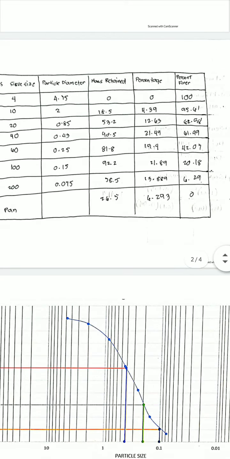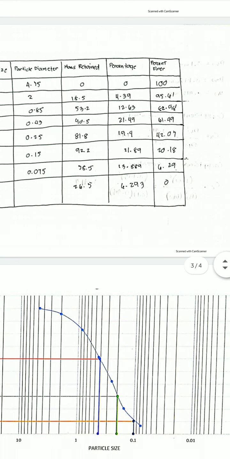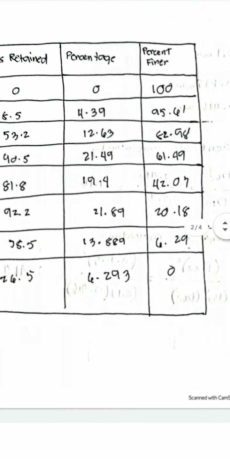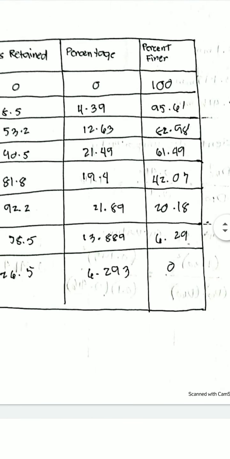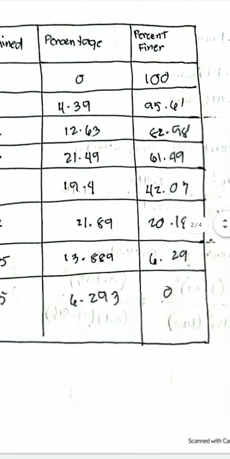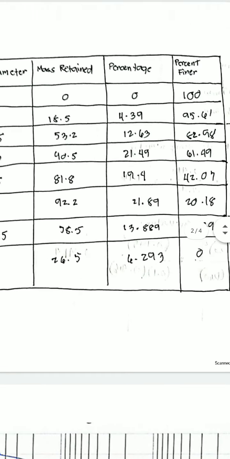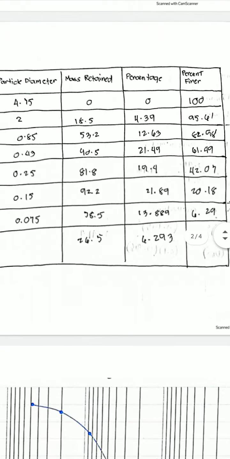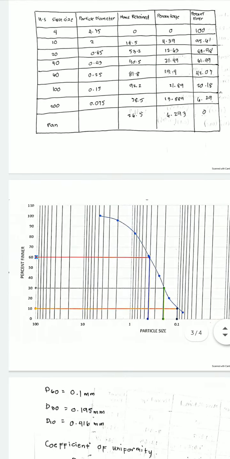So for 60%, we need to get the percent finer at 82.98 and 61.49, and its corresponding particle diameter, to get the particle diameter at D60.